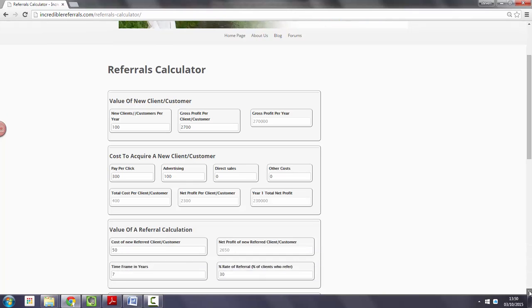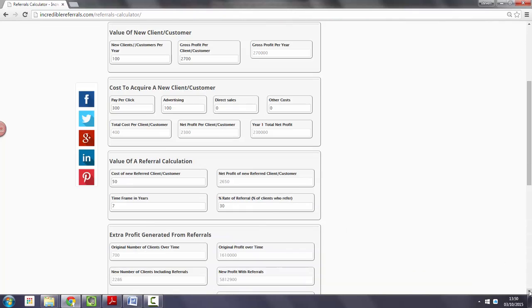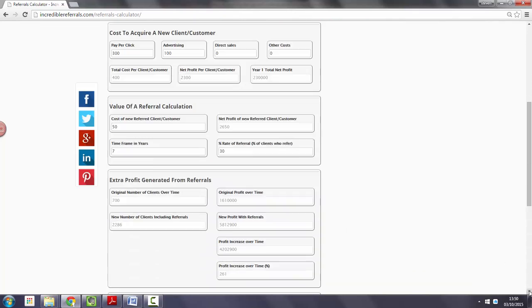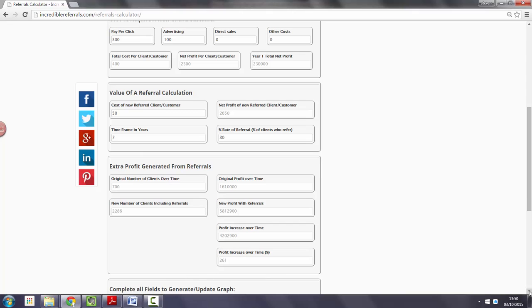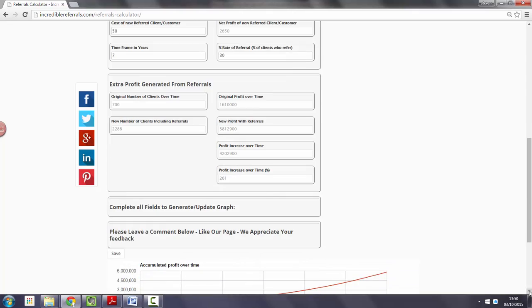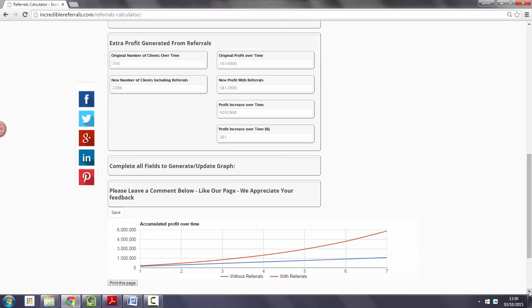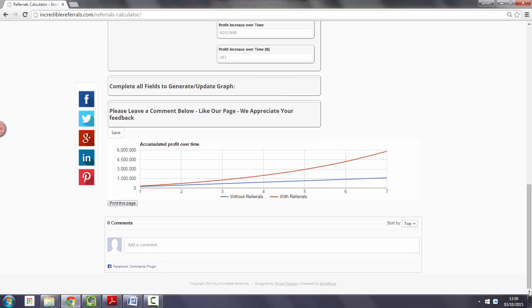Don't worry too much about getting it, for the moment at least, absolutely 100% correct. This just gives you a rough ballpark idea of where you are now and where you can be, and the difference it makes, particularly over time. And as you can see on this graph here, it's an enormous difference, and that's my findings. That's one of the reasons that I love referrals.